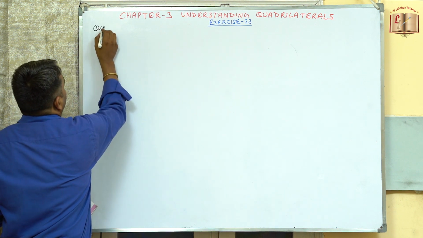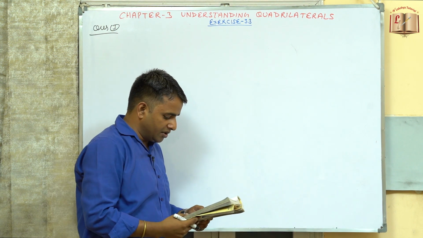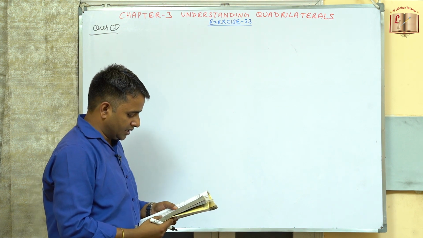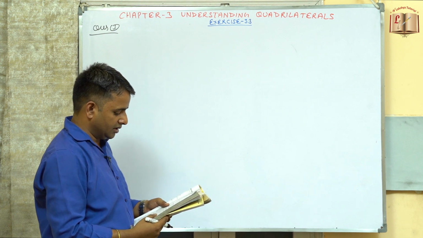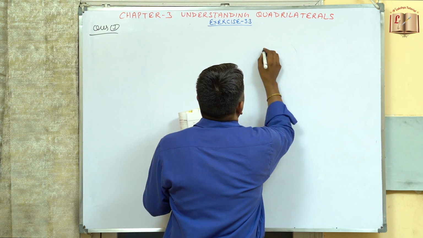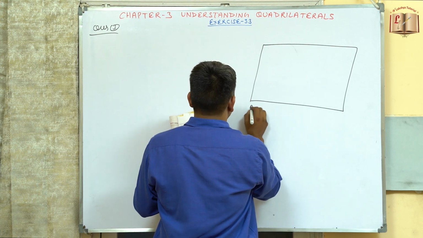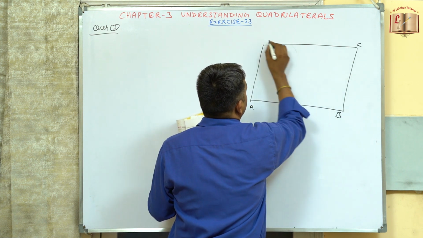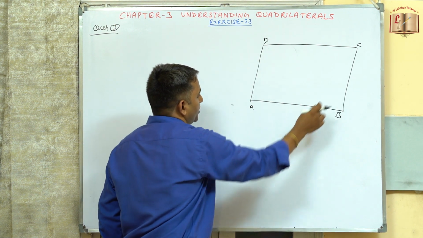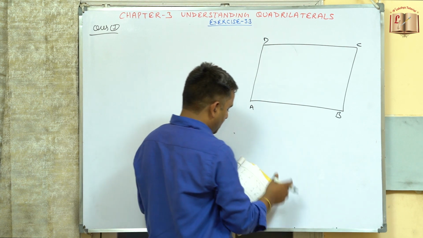So now coming to question number 3. Can a quadrilateral ABCD be a parallelogram if angle D plus angle B is 180 degree? So these are given. So this is now A, B, C and D. So angle B plus angle D is 180 degree given to us, and AB is equal to DC.